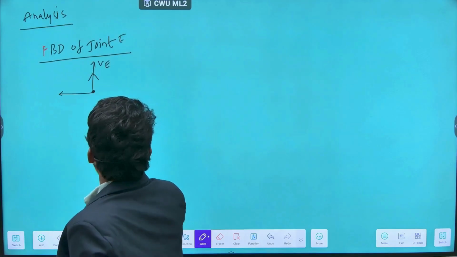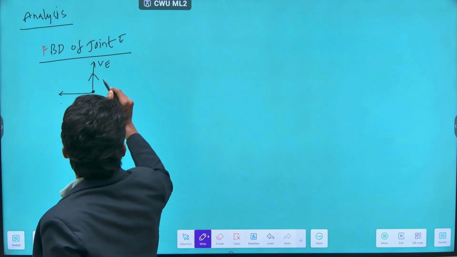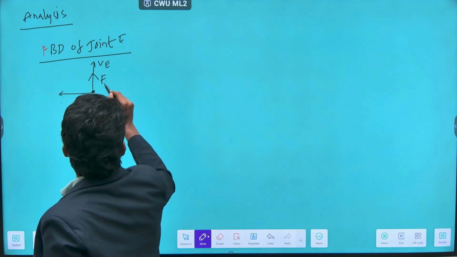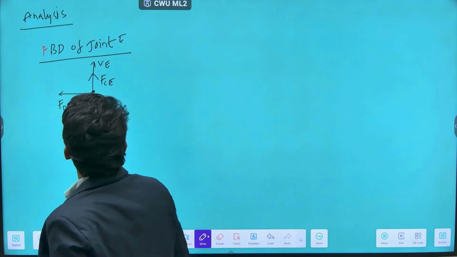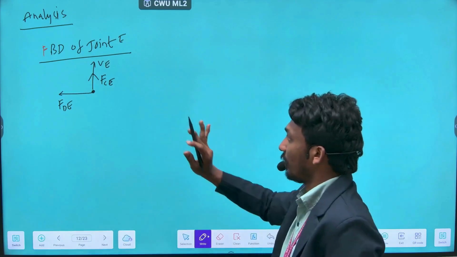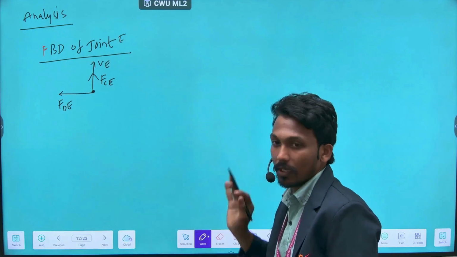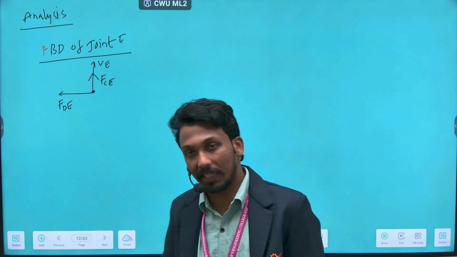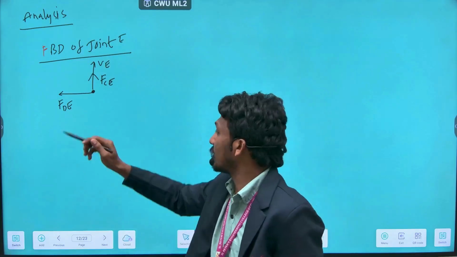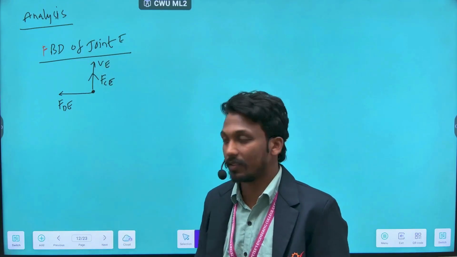This is force in member CE, this is force in member DE. Okay. Now our free body diagram of joint E is completed. Now what is left? Applying the equilibrium conditions for joint E and calculation of these unknown member forces.